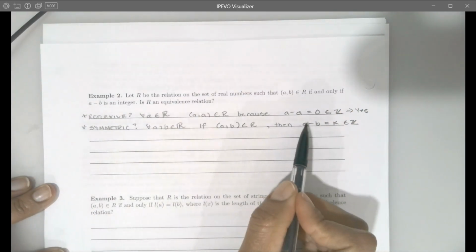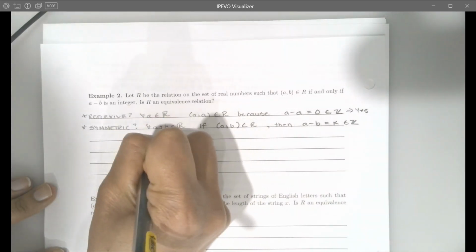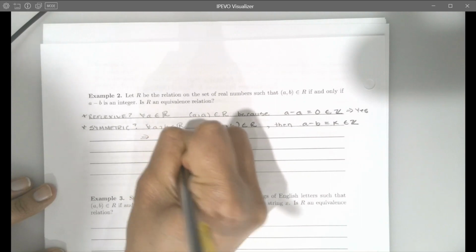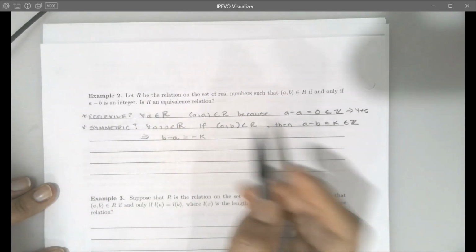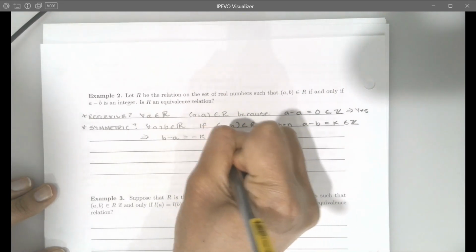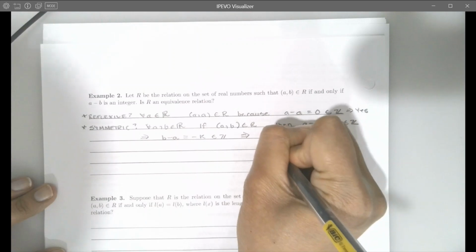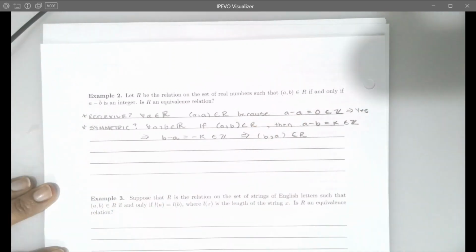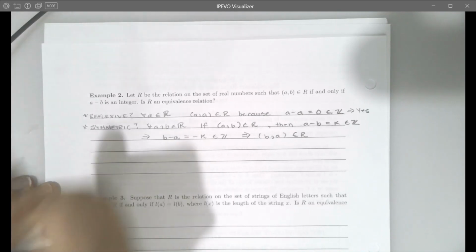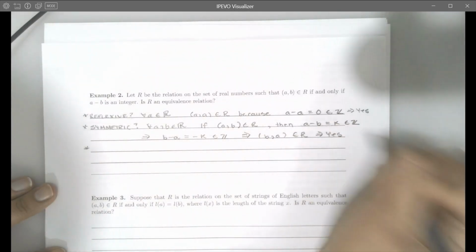Now, if we multiply both sides of the equation by negative 1, that means that we're going to get B minus A is equal to negative K, right? So negative K is also an integer, which means that B comma A is also part of the relation. And that means that it will be symmetric.